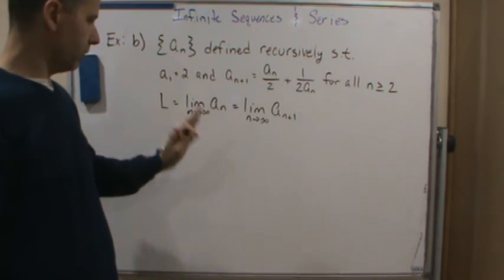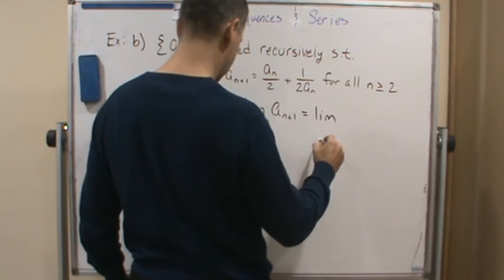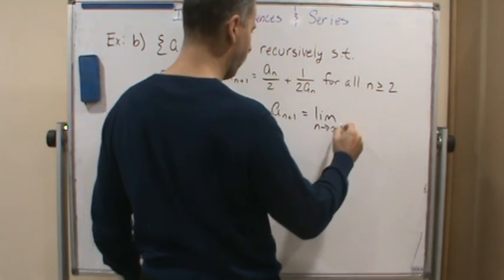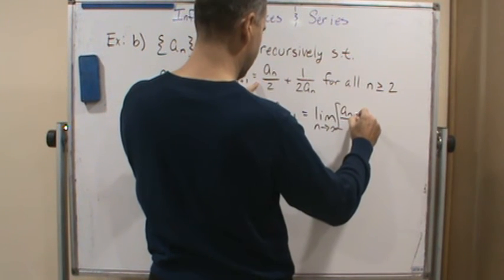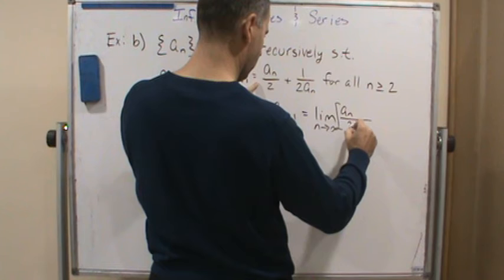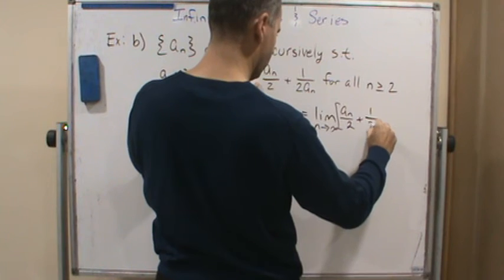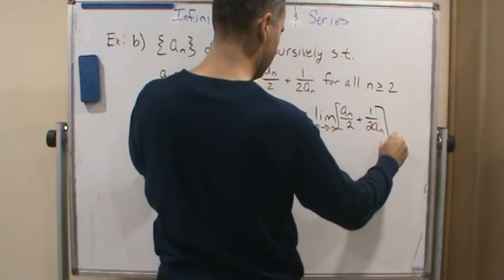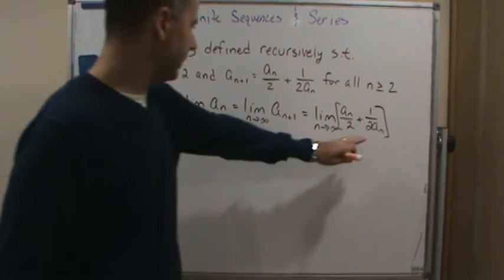Which is equal to the limit as n approaches infinity of a sub n over 2 plus 1 over 2 a sub n, right?